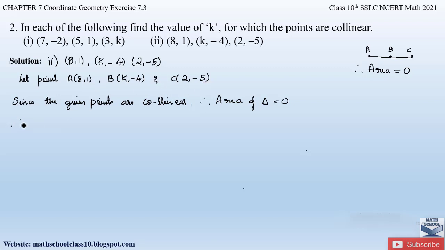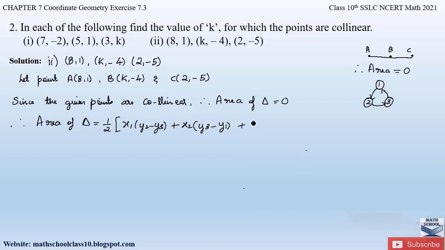So therefore area of a triangle formula is given by area of triangle is equal to half into, let us write down the formula by writing down the vertices, that is this first, second and third, and let us take in a cyclic order. So first we will take x1 into y2 minus y3 plus x2 into y3 minus y1 plus x3 into y1 minus y2.